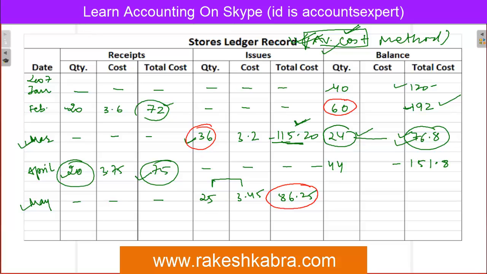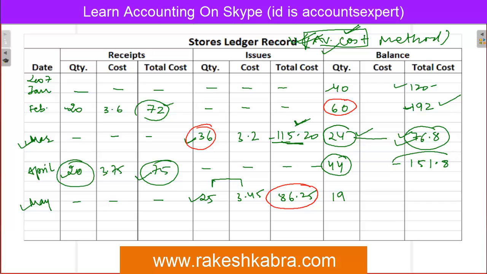Now what is the cost of goods remained in the business? 44 units were there earlier, and 25 units we sold. So out of 44 we sold 25 units. So how many units left? 19 units left, isn't it? And what is the value?